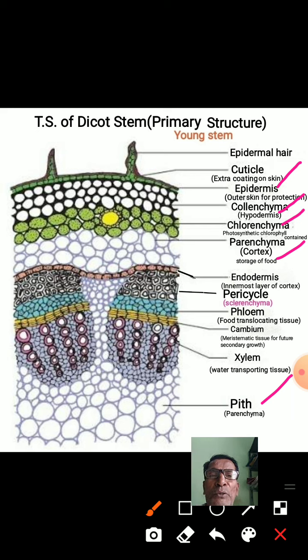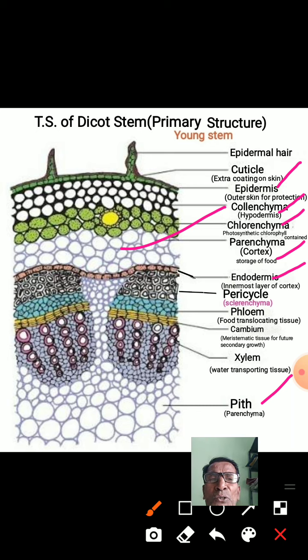We call it the chlorenchymatous part of the cortex. Below the chlorenchymatous part, there is a purely storage part of the cortex, made up of parenchyma, loosely placed, thin-walled, with numerous intercellular spaces. This is the inner part of the cortex. Below the inner part, there is the endodermis, the innermost layer of the cortex.